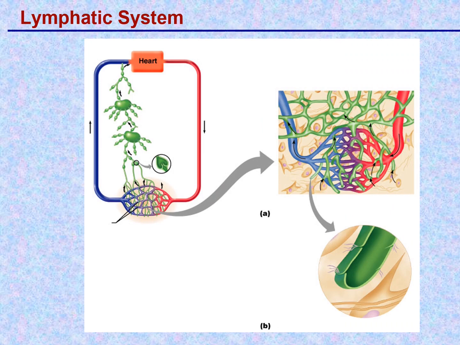Just want to remind you that the bloodstream, and this is just a simple diagram of it, has a pump. The cardiovascular system has a pump, the heart. It pumps oxygenated blood out to the tissues, goes into capillary beds, and then goes into the venous side and returns to the heart.